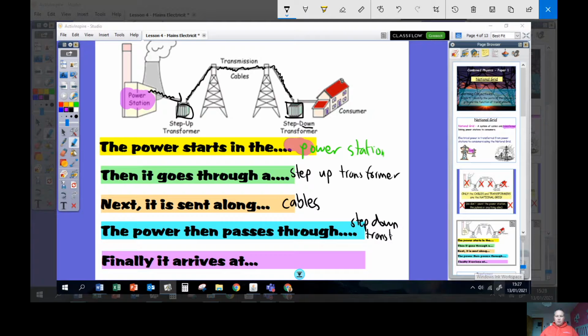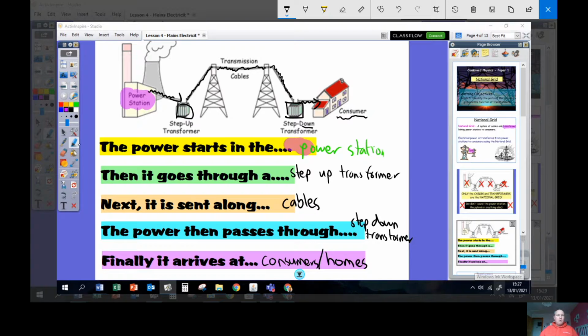It goes through that before it goes into your house or maybe a shop or a school or a factory, the places where the electric power is used. So it arrives where the consumers are, the people who are using it, or you could just say it arrives in people's homes.